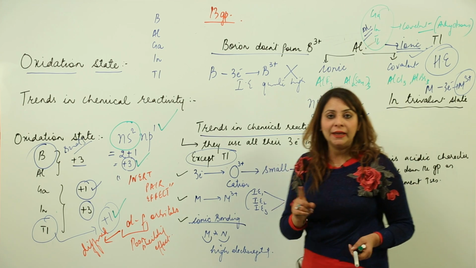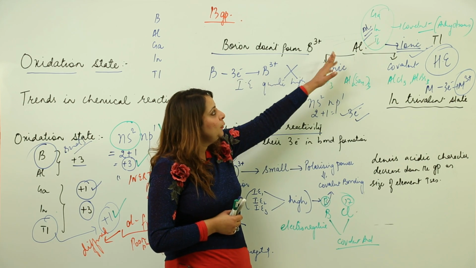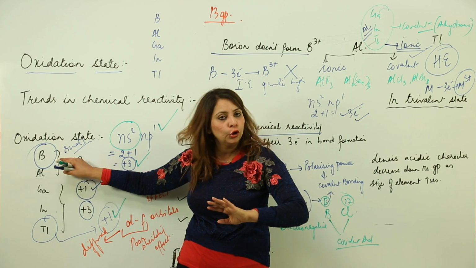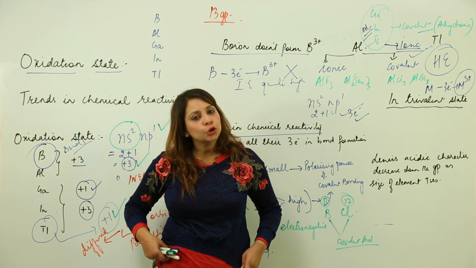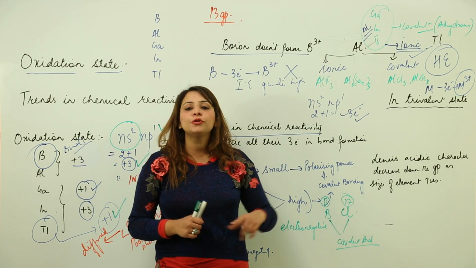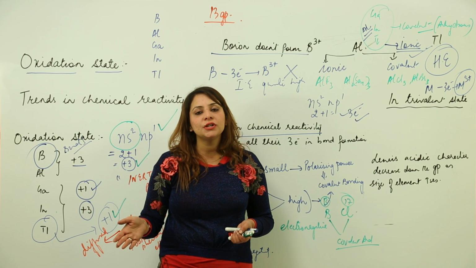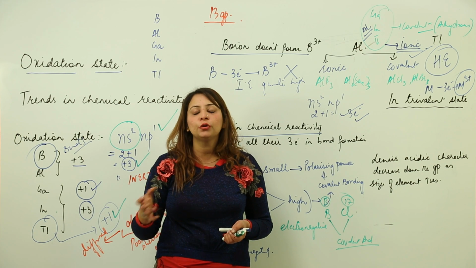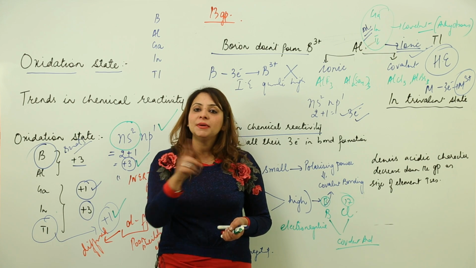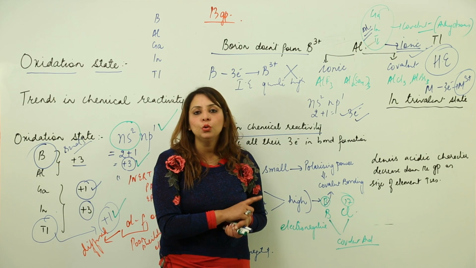So this is an important thing you need to remember: except boron, the 4 members aluminium, gallium, indium and thallium show a kind of ionic bonding in solution form. The reason being that when they are in solution form they get hydrated to a good extent, and they release more hydration energy, and that energy compensates for the huge ionization energy required in order to lose 3 electrons.